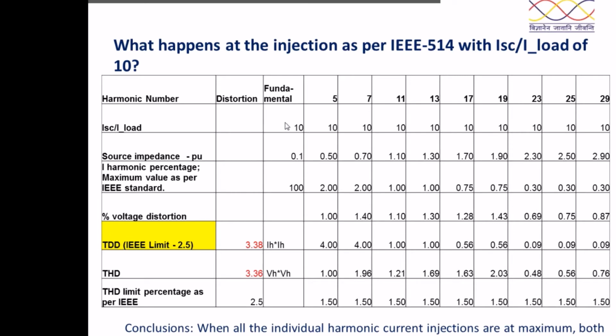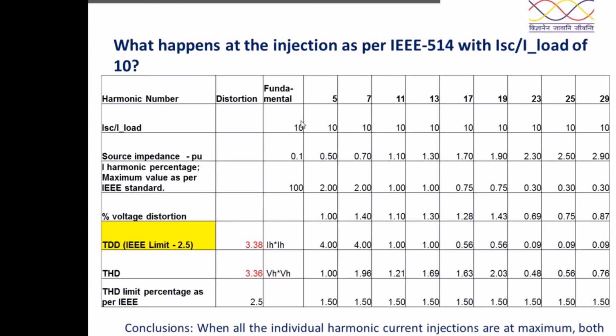That is, short circuit current divided by the load current, the ratio is 10. For example, if the short circuit current is 5 kiloampere and the load current is 500 ampere, ISC by IL will be 10.